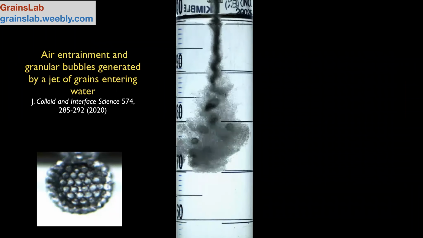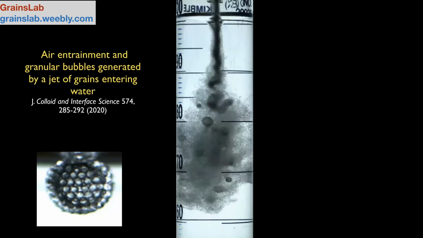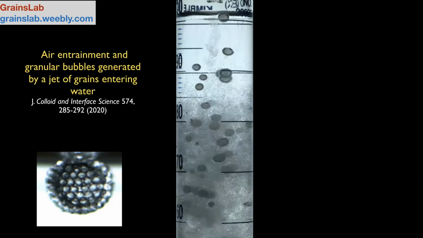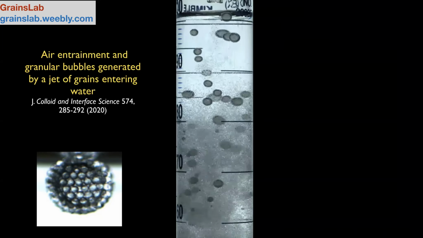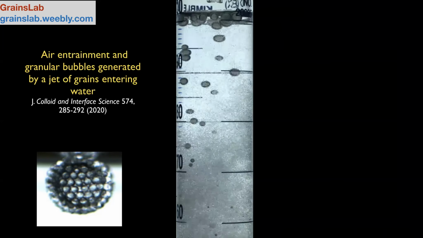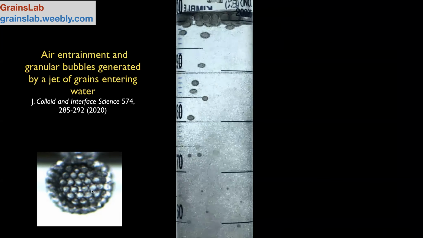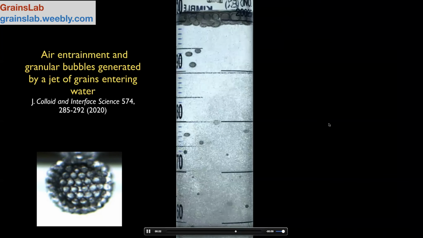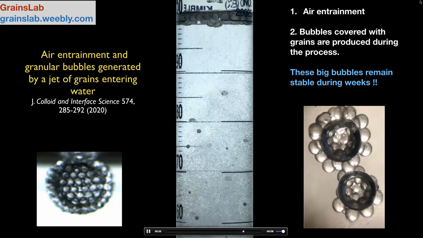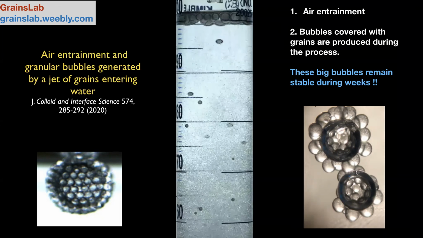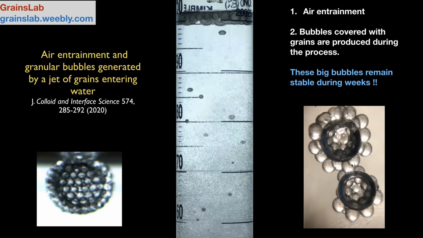We have also studied air entrainment and granular bubbles that are generated when you just pour dry grains into water, and the grains deform the interface. And as you can see, they produce air entrainment that generates bubbles. The grains are attached to the surface of the bubbles, generating these granular encapsulates. As you can see in this figure, the bubbles are covered by grains, and they are very stable because, in fact, you can see here that there is a grain between two air bubbles, and this grain avoids the coalescence of the bubbles.